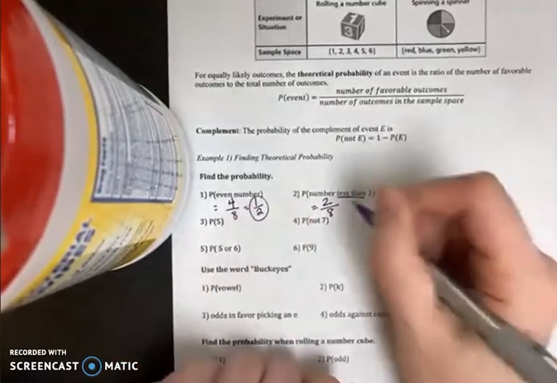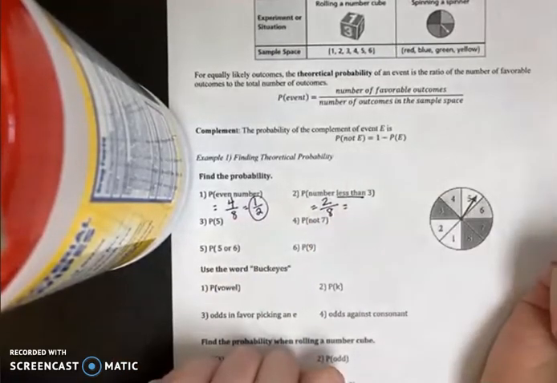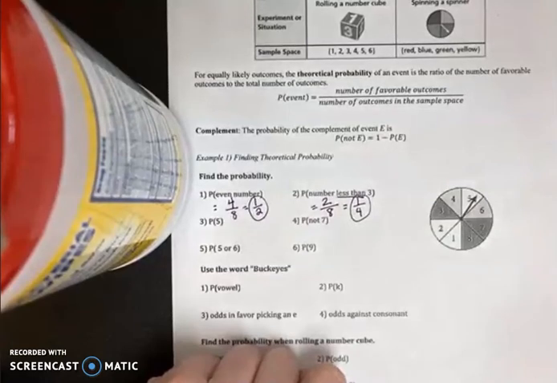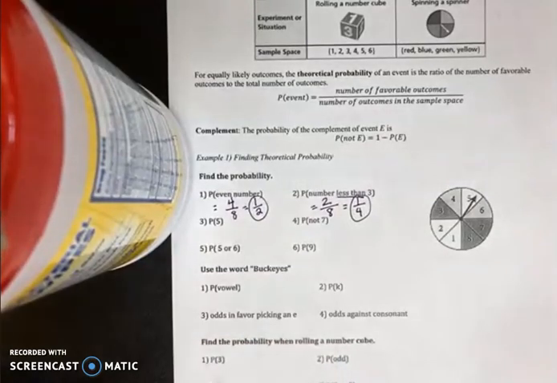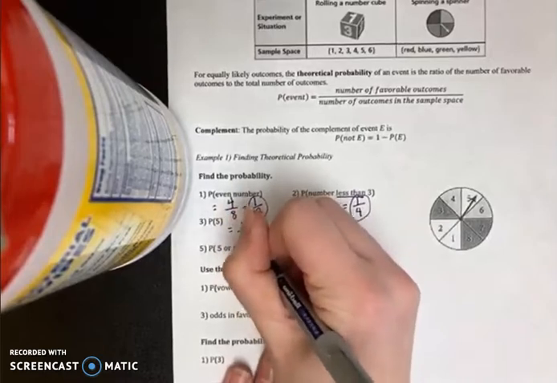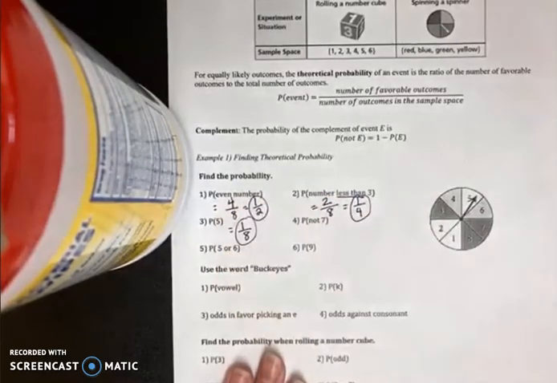And I could simplify that, so I'm going to. That becomes a 1 to 4 ratio. Number 3, what is the probability of spinning and landing on a 5? Well, there's only one number 5, so 1 out of 8, and that's already simplified.